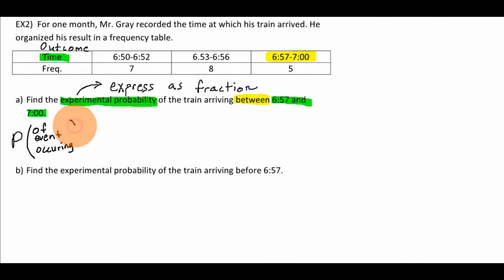And I'll close my parentheses now. So the probability of this happening is equal to, well, I said the textbook is the number of times the event occurs over the total number of trials. But the way I write it out, so here's my blank fraction right now, is the number of favorable outcomes on top, over the number of possible or the number of total outcomes.